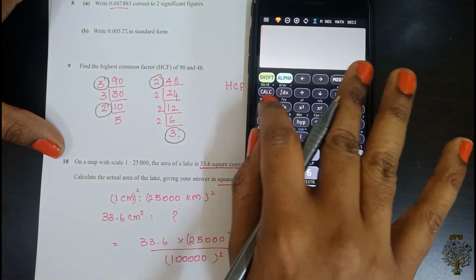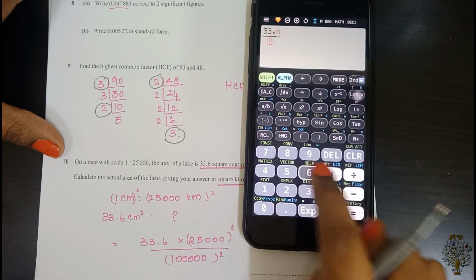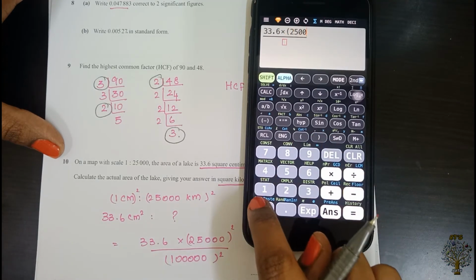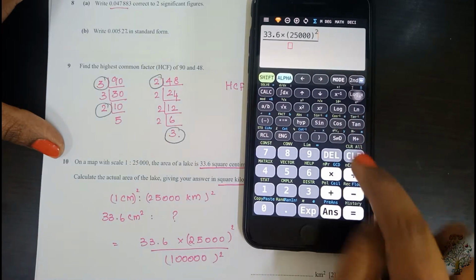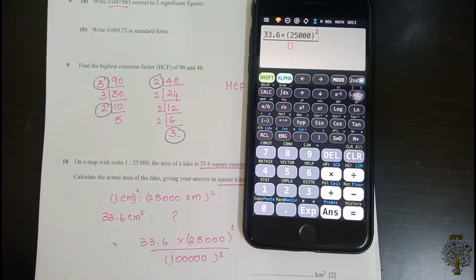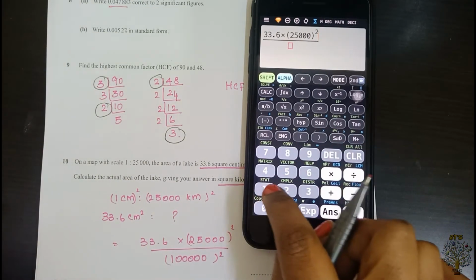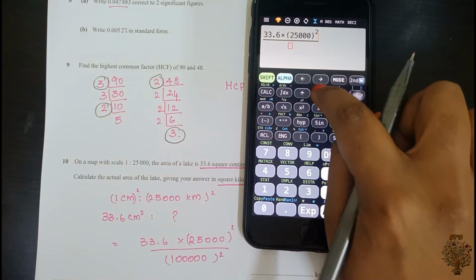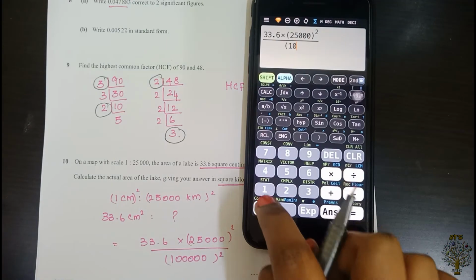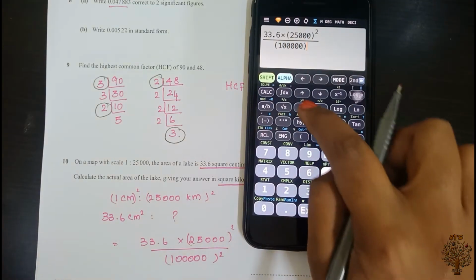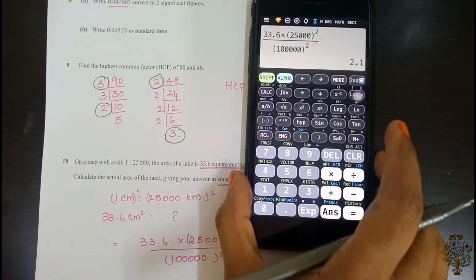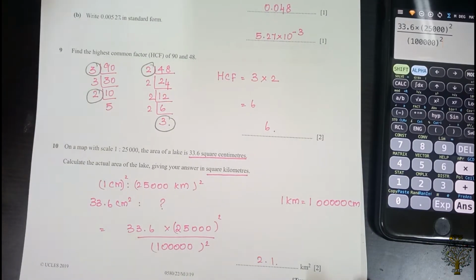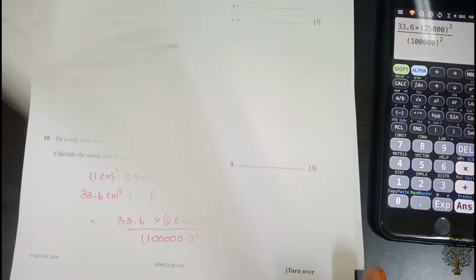Now take your calculator, go for fraction. 33.6 multiplied with 25,000 square divided by 100,000 square, which gives us 2.1. So this is in terms of kilometers square. Here ends your 10th problem.